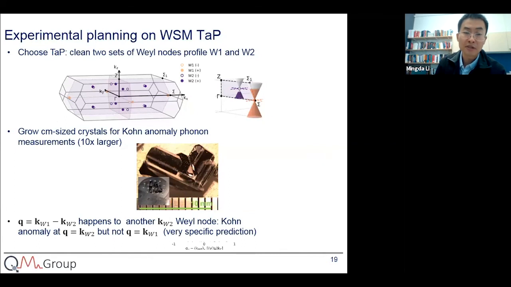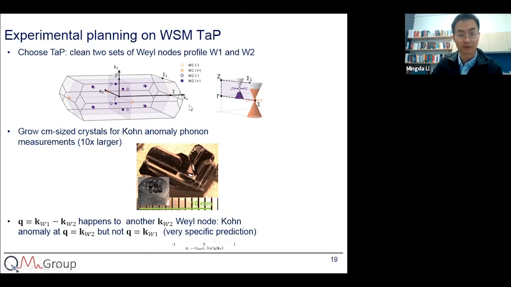With this kind of theoretical guidance, we can start to prepare for the experiments. For a particular type of Weyl semimetal, we choose tantalum phosphide, TaP. The reason is very simple: it's a very clean system that only hosts two types of Weyl cones. We can call them the W1 type and W2 type. They have 24 in total in momentum space, but they are located separately.